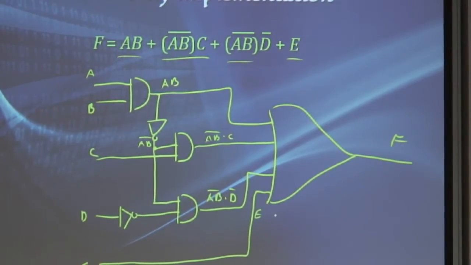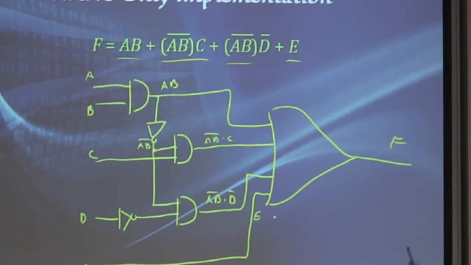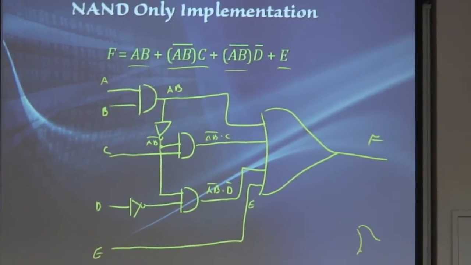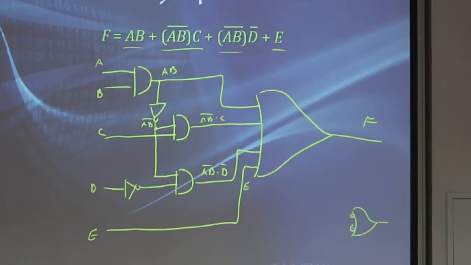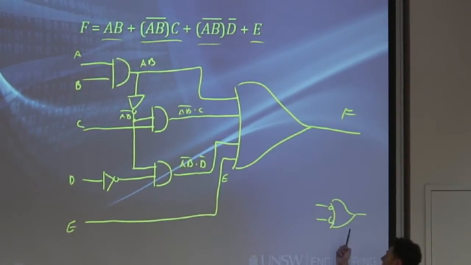Now, in order to convert this to a NAND-only implementation, I'm using the trick that I know that an OR gate can be converted into a NAND gate if all of its inputs are inverted. So remember we said if we see something that looks like this, this is essentially a NAND gate.